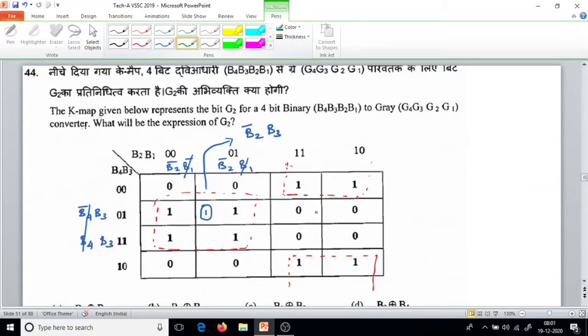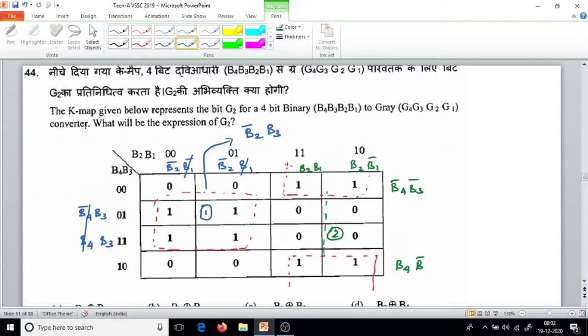Now we'll take the second quad. See these two combined is the second pair, that means a group of four ones. Here I'll write B2 B1 and B2 B1 bar on top, and on the side B4 bar B3 bar and B4 B3 bar.